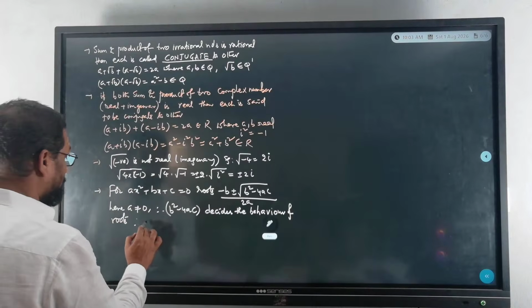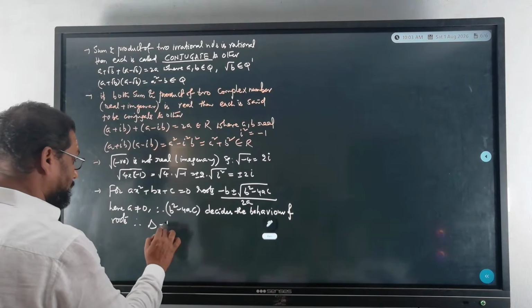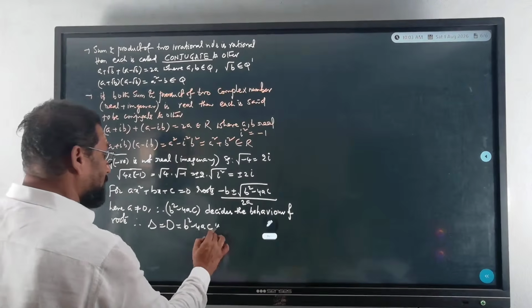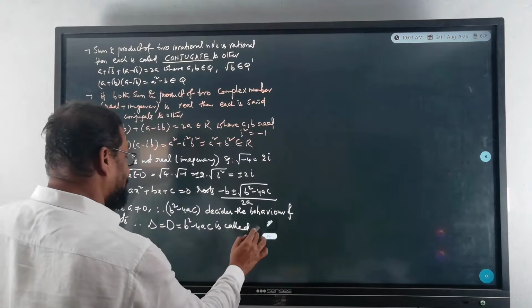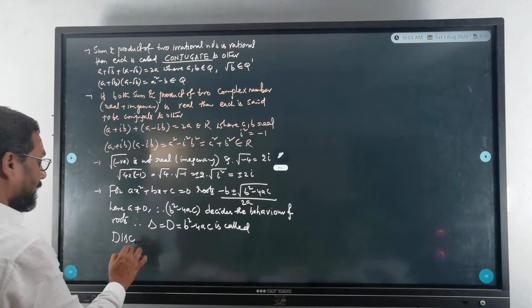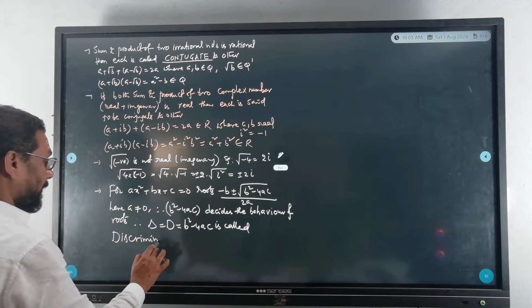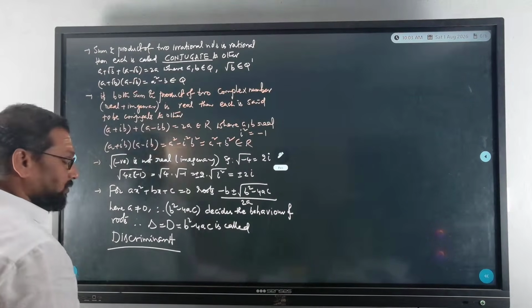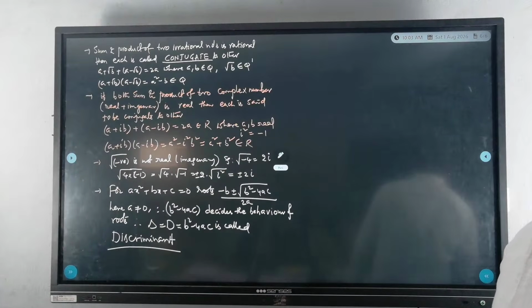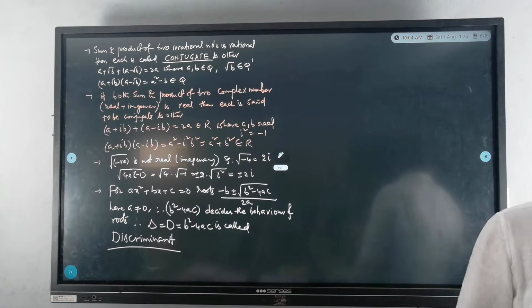So delta, that is D, is equal to b square minus 4ac, is called discriminant. Okay, so now we have to talk about the behavior of roots.